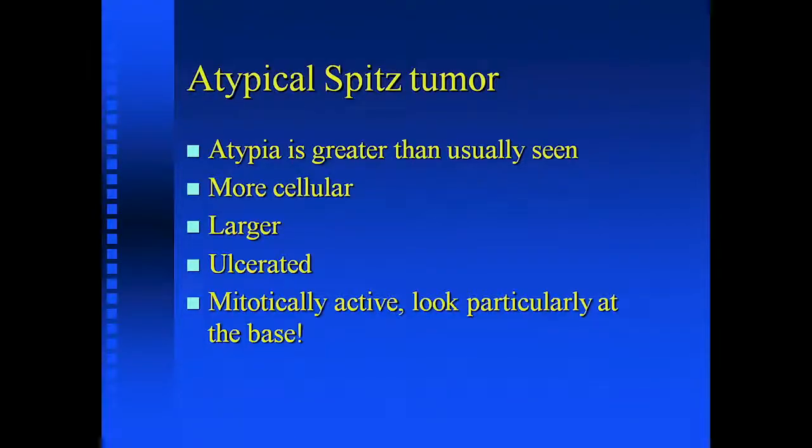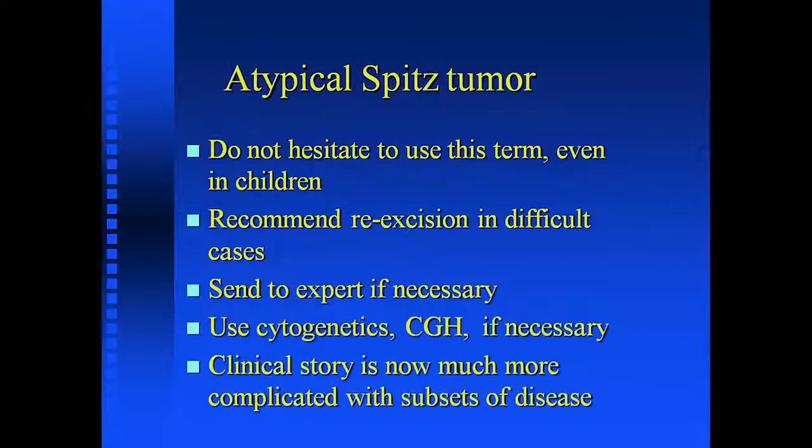So what is the so-called atypical Spitz tumor? It shows some of the features of Spitz nevus, but it's usually larger, more cellular, can be ulcerated, and mitotically active, and particularly if the mitoses are at the base of the lesion, you should be very concerned. So what do you do in these cases? Do not hesitate to use this term. And I don't care if the patient's 1 year old and you say, well, it's a child. Well, too bad.